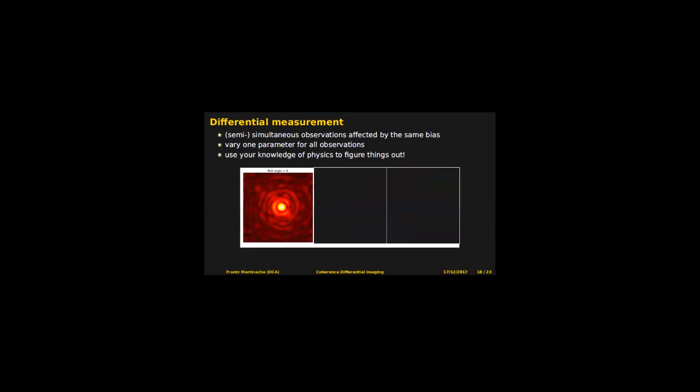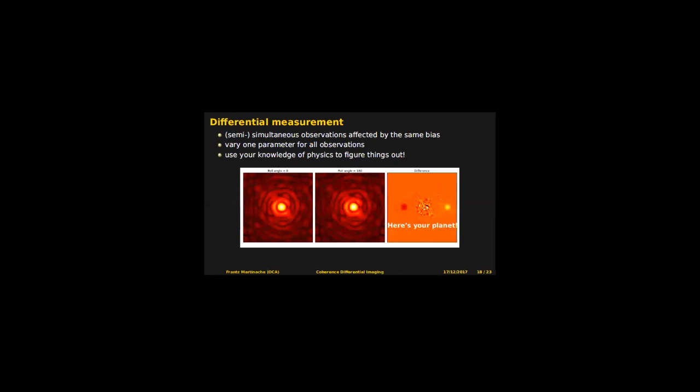And so this is a simulation of an image produced by a telescope where there is a faint companion hidden in there. What you do is you take a second image after rolling the telescope 180 degrees and find the companion. It's invisible in those two images, but if you do what's forbidden, which is the difference between two large numbers, you actually can find your companion, and this is the basis of the technique called angular differential imaging.